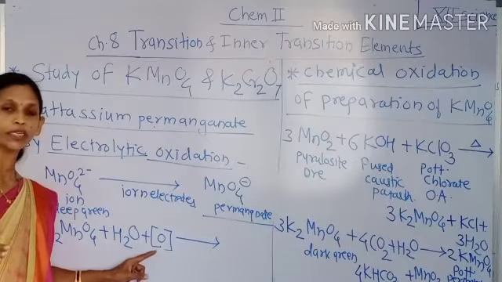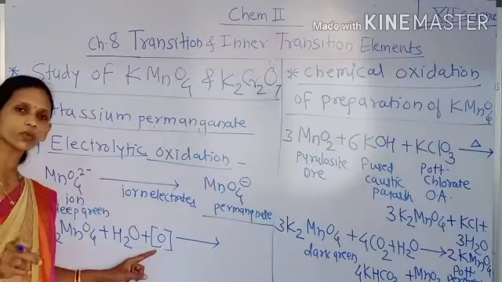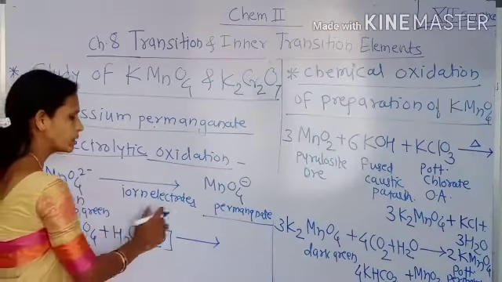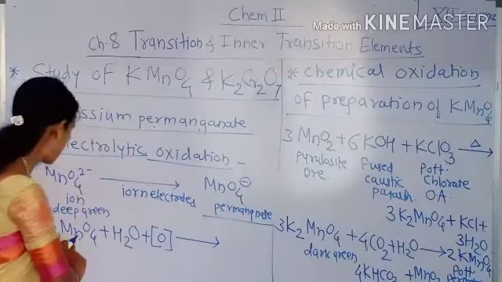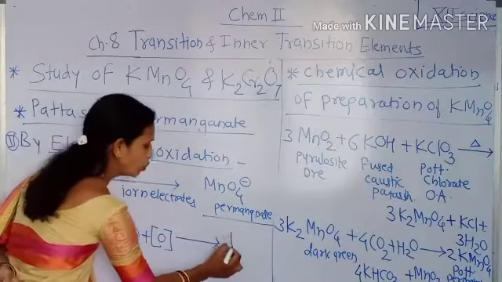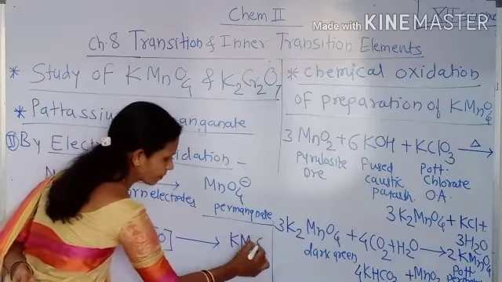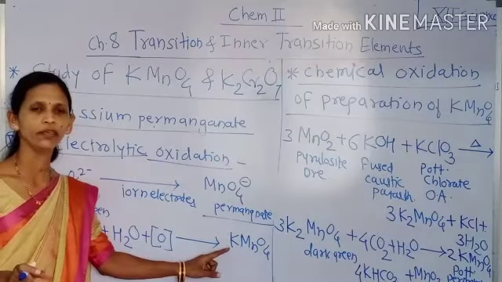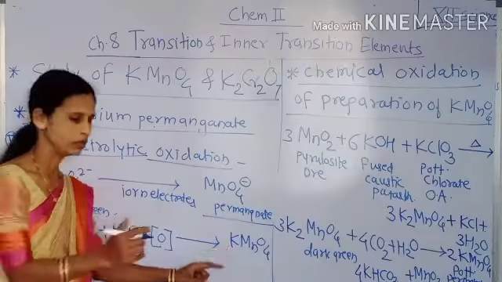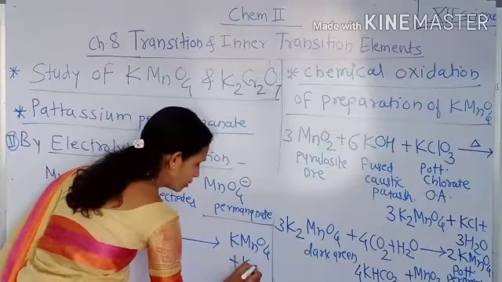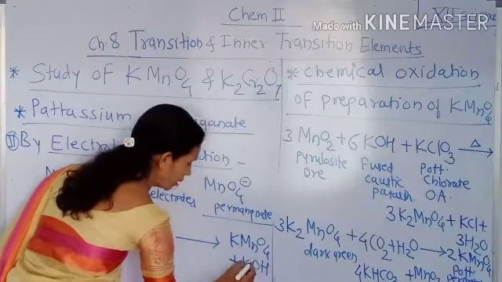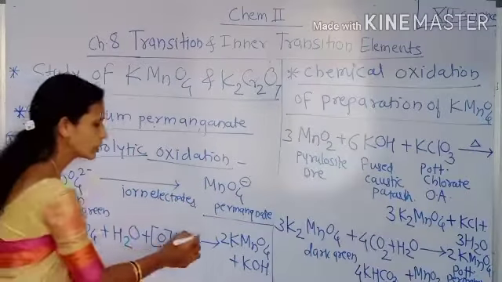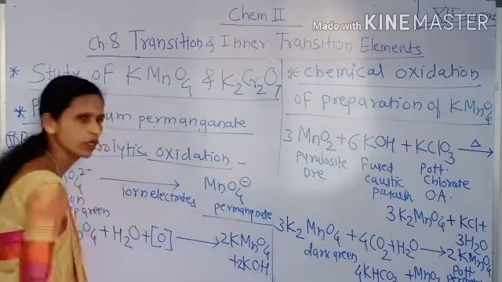All of you are aware that oxidation always takes place at the anode. Therefore oxidation at the anode converts K2MnO4 into KMnO4. That is, KMnO4 is obtained at the anode with alkali. We have to balance that reaction: 2 KMnO4 and 2 KOH.